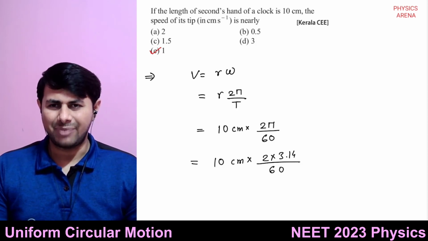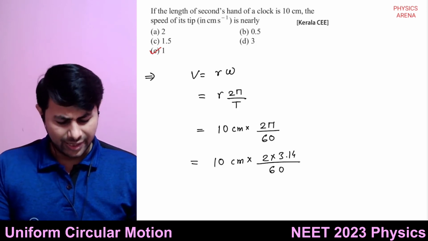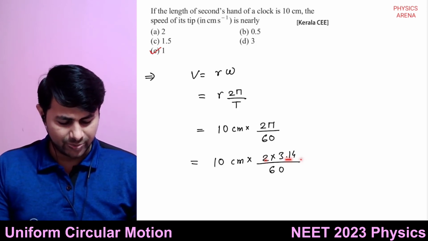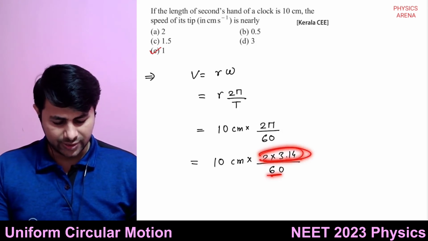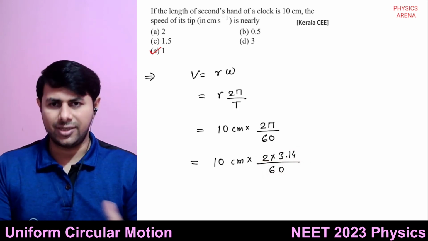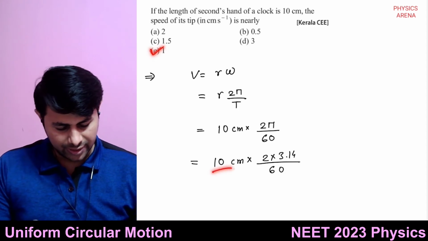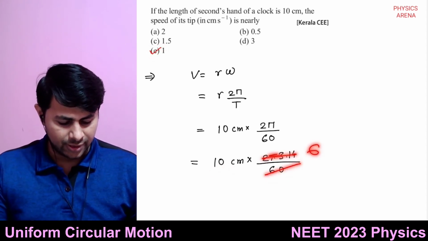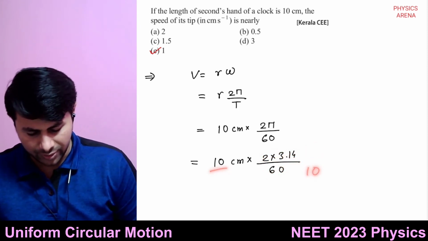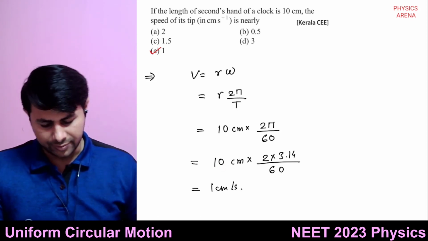Apart from the calculation part. 2 multiplied by 3.14 is close to 6, and the options are distinct, well separated. So 10 times 6 is 60. In the denominator we have 60, in the numerator we have 60. So 1 centimeter per second is the answer.